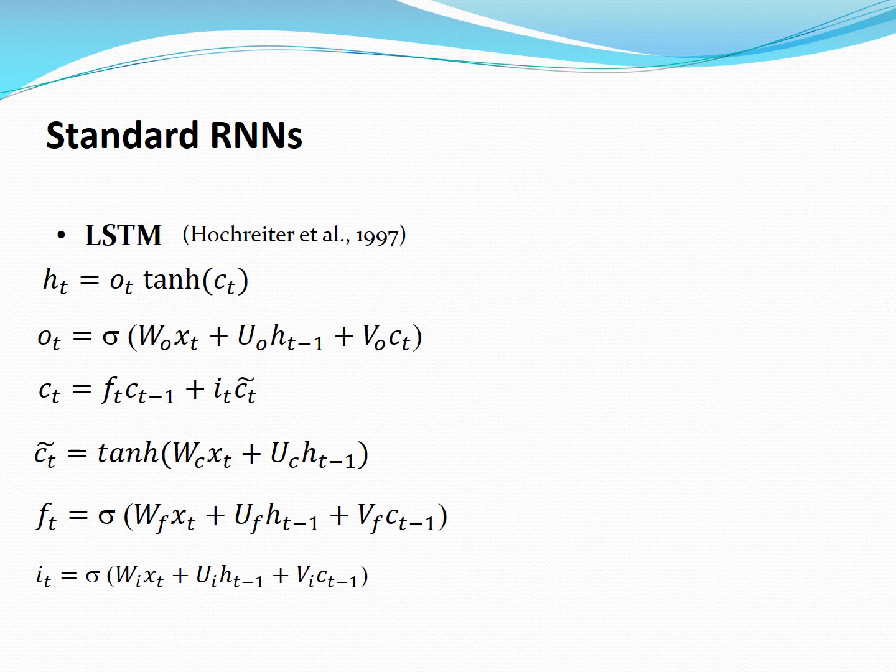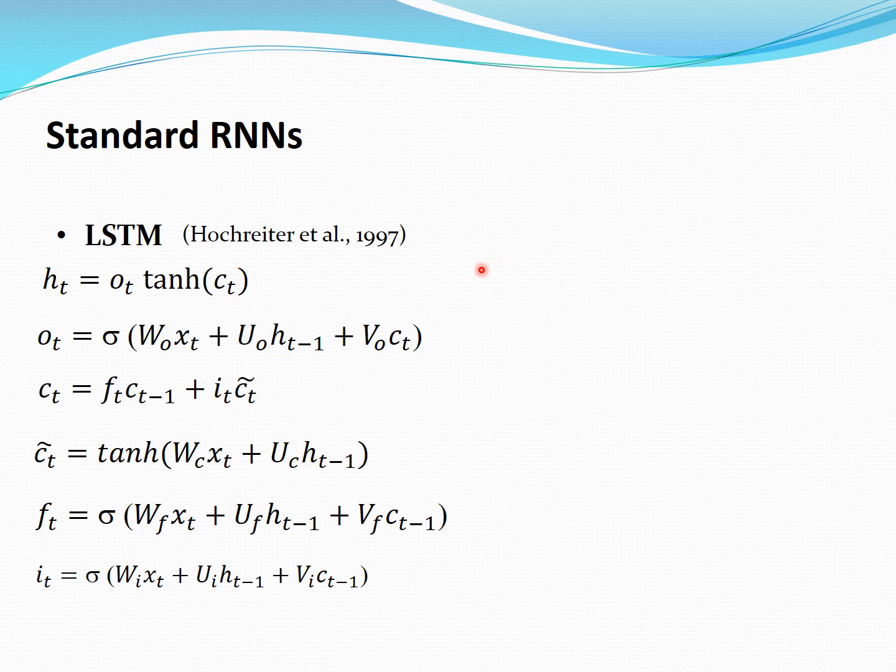Well, the first model proposing to use this kind of gating mechanism is the LSTM architecture, proposed several years ago, but that is still used a lot in modern machine learning systems.